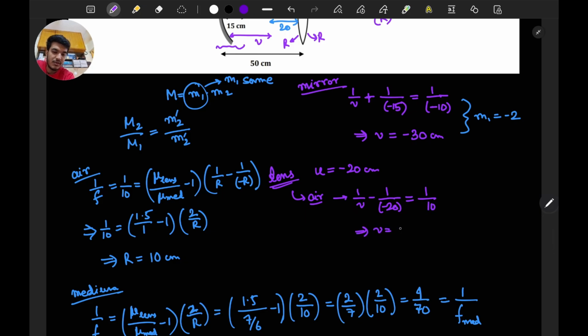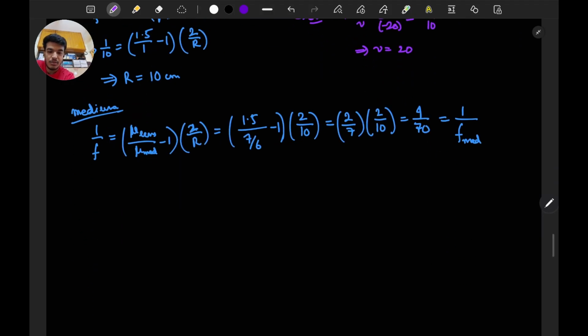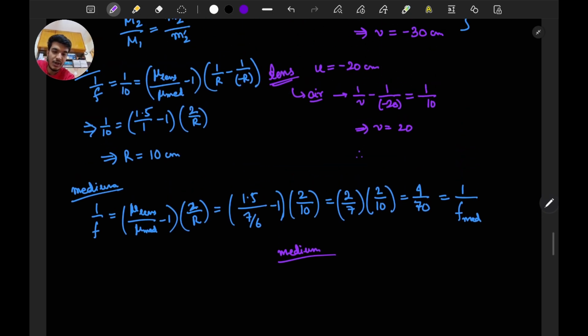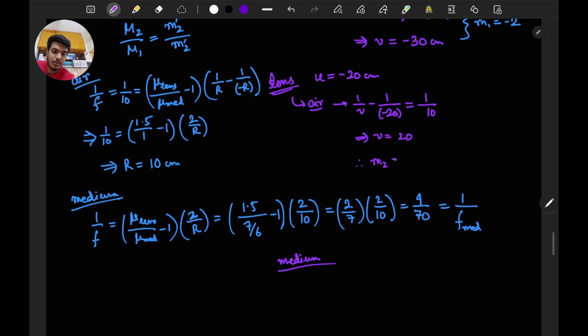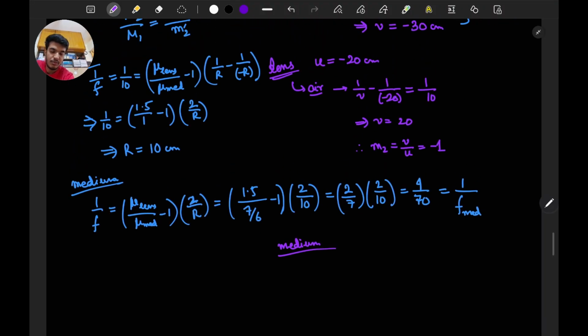So from here we can get V as 20. In air, the magnification M2 is V by U, which is 20 by minus 20. So basically M2 is minus 1.